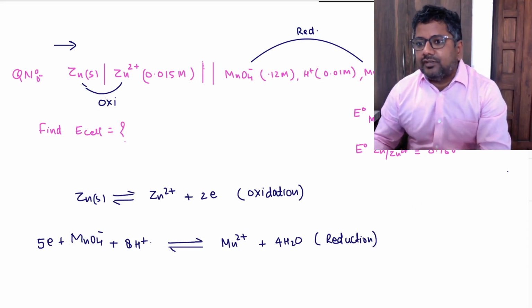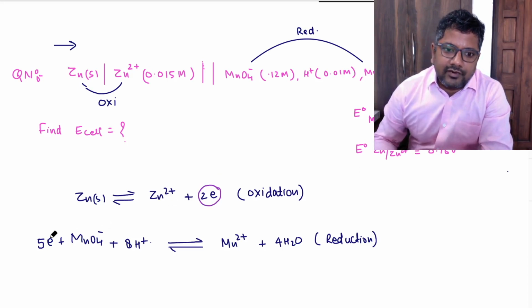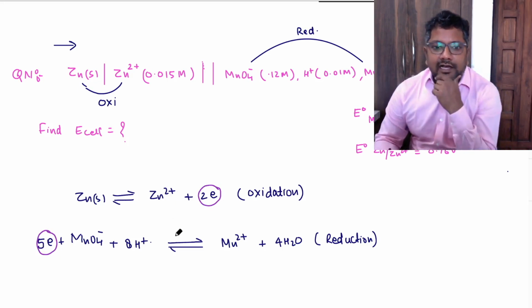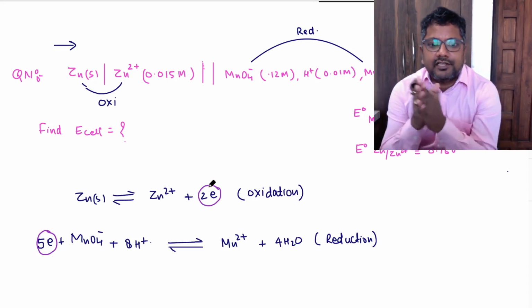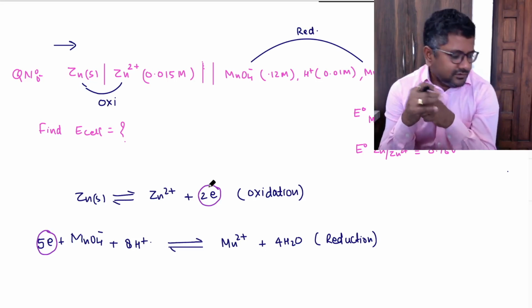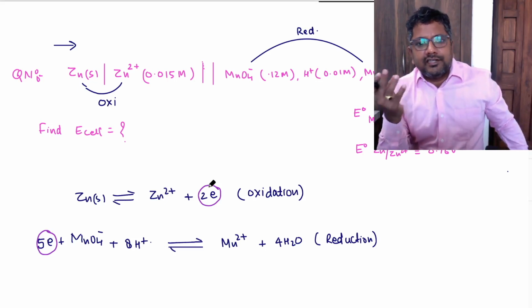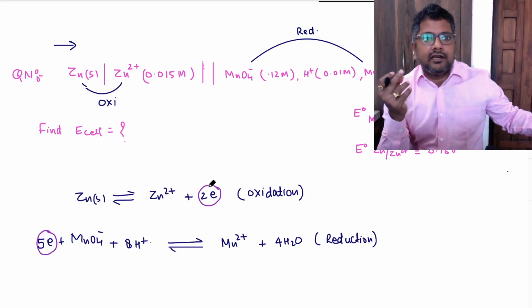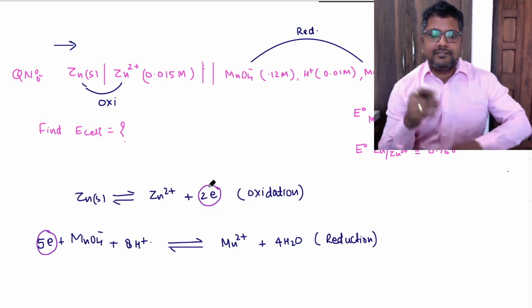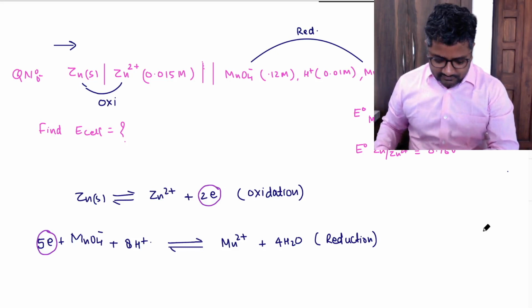See here, 2 electrons are here and 5 electrons are here. If you directly add these two equations to get the complete cell reaction, then you will get electrons in the complete cell. If electrons are present in the complete cell, you cannot apply the Nernst equation. So you have to balance this equation.